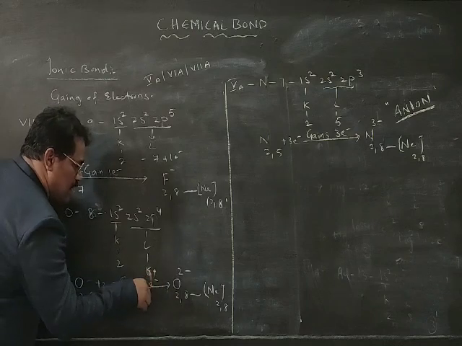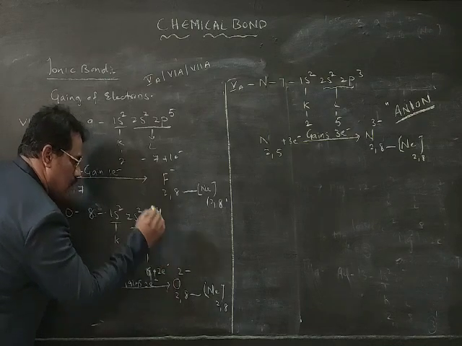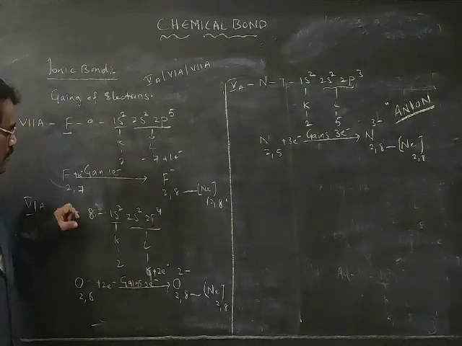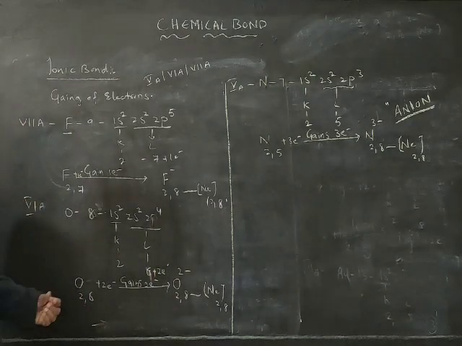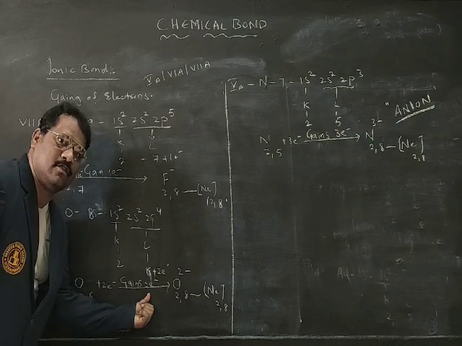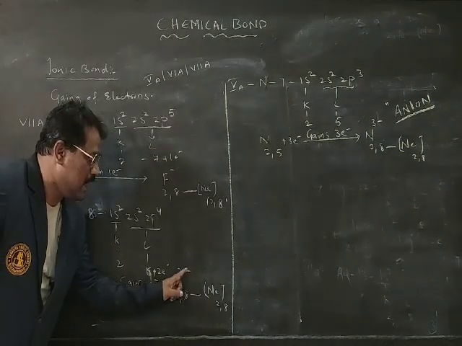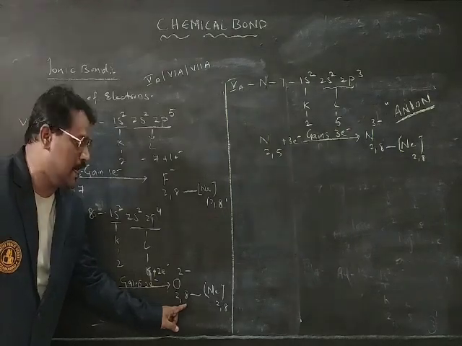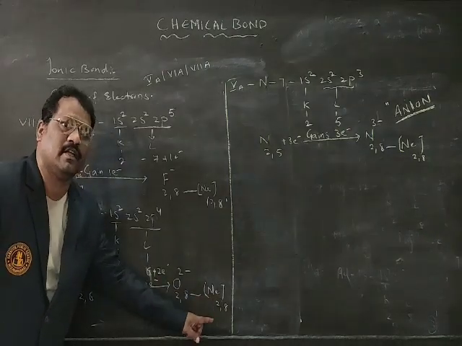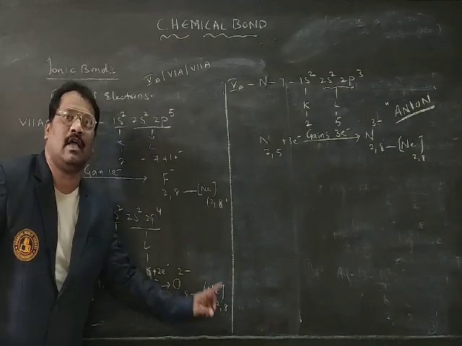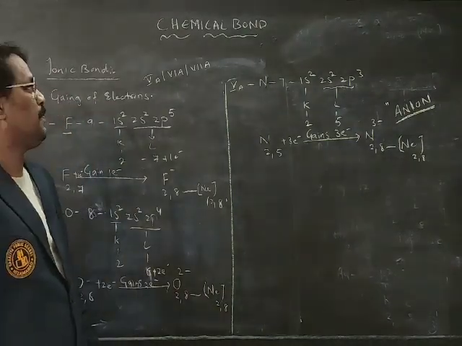Therefore, in the outermost orbit it requires 2 more electrons to attain stability. So this element gains 2 electrons to form the oxide ion, O2-, with 2, 8 configuration, equal to the neon electronic configuration.